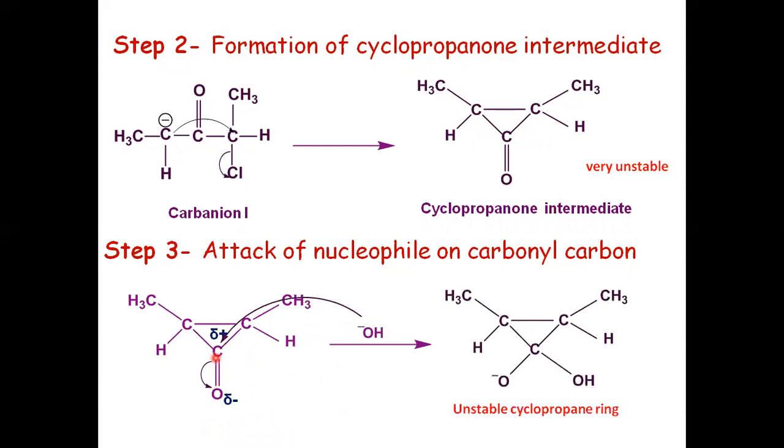This oxyanion, or cyclopropane ring intermediate, is comparatively less unstable than the cyclopropanone ring, because the sp2 carbon is converted into sp3 carbon, which decreases the ring strain and slightly stabilizes the ring.